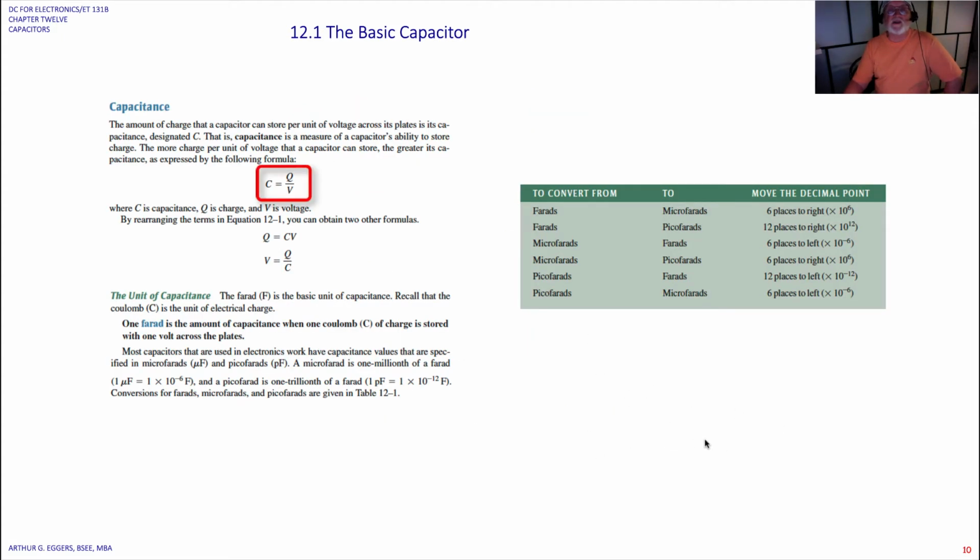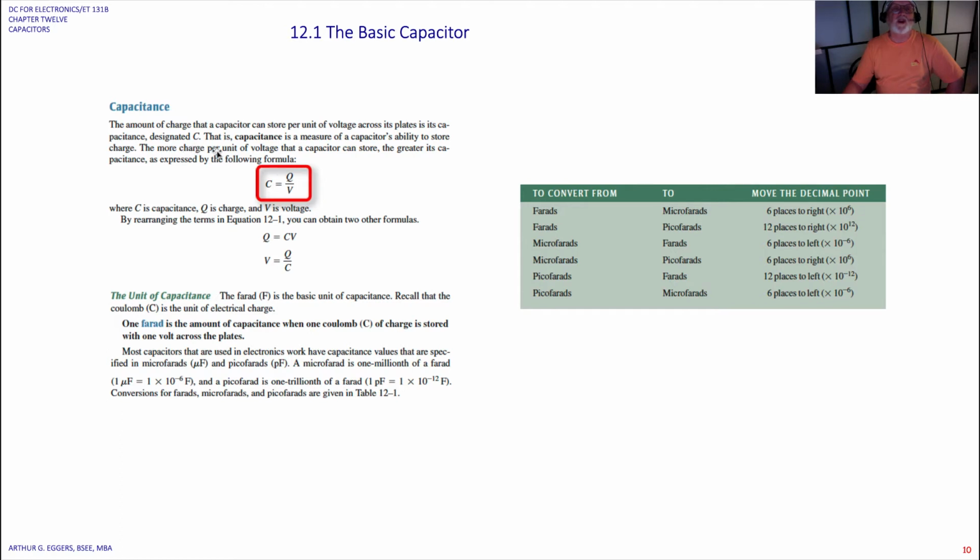Capacitance then, used as a unit, the amount of charge that a capacitor can store per unit of voltage across its plates is its capacitance, and we designate it as C. That's not the unit. The unit is the farad, but we designate it as C. So capacitance is a measure of the capacitor's ability to store a charge.